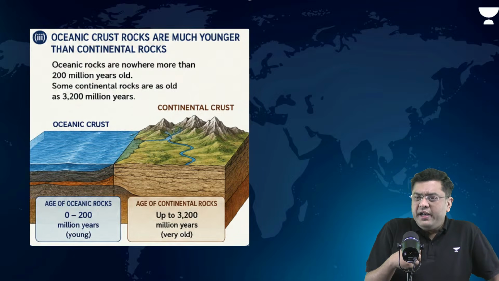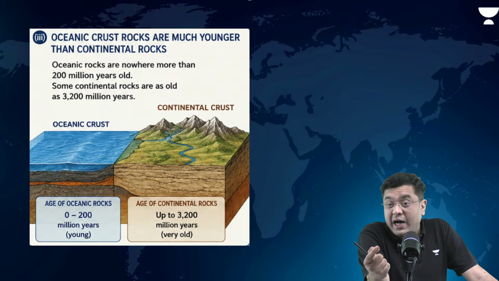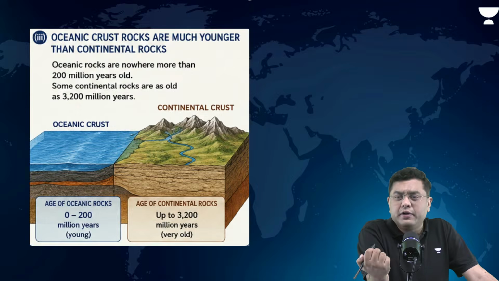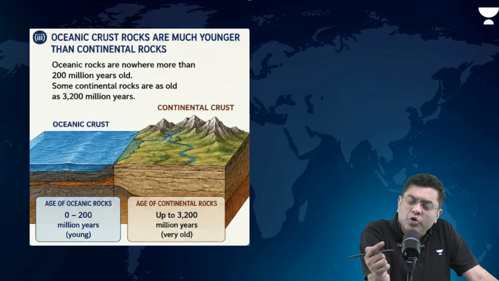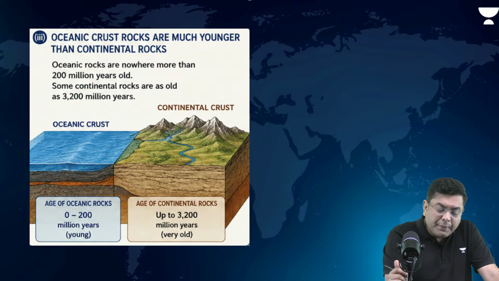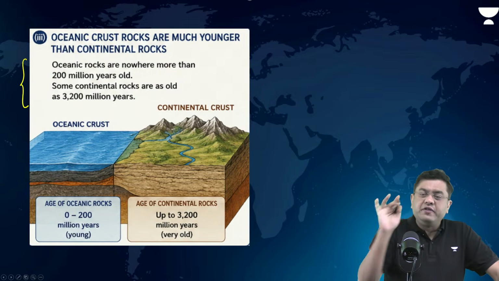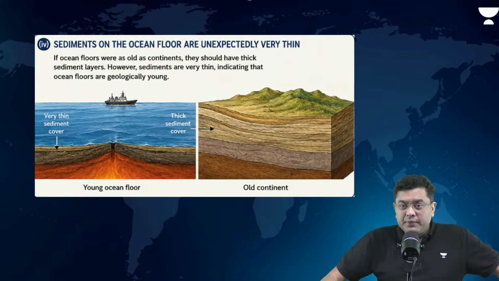In our country itself, in certain parts of Karnataka and Jharkhand, you have rocks which are more than 2.5 billion years old. But then in the ocean, why is it that the rocks are nowhere older than 200 million years? So he came upon the observation that oceanic rocks are always younger as compared to the continental rocks.